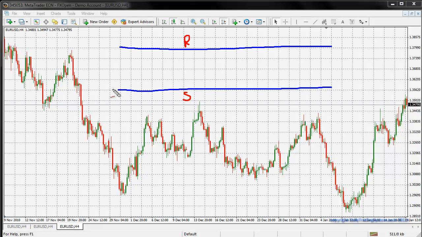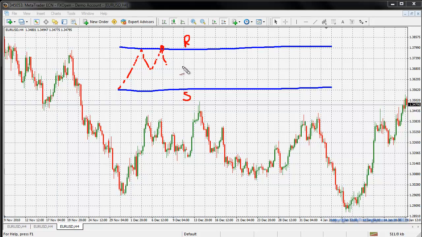When the currency prices are moving up, and then they stop at a certain point and start to come back down, and when it tries to go back up there again and stops, that's normally a confirmation of that particular resistance level.